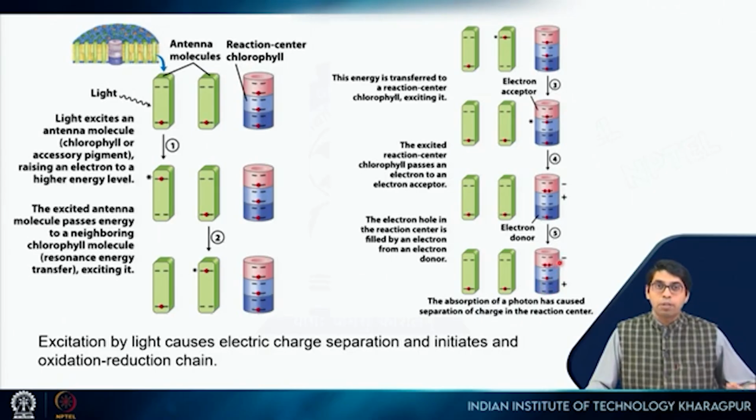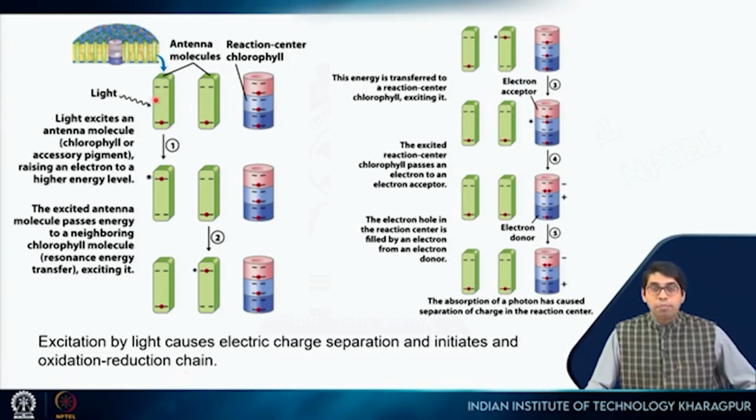Ultimately, the electron acceptor will be NADP+, where this electron is passed on, and the electron donor will be water, where it will split and produce oxygen, okay? So in essence, the excitation by light causes electric charge separation that we see here and initiates an oxidation reduction chain, okay?